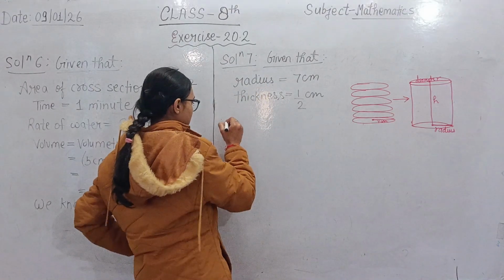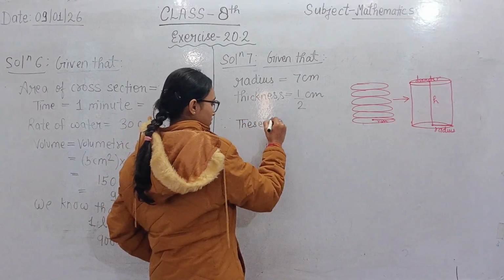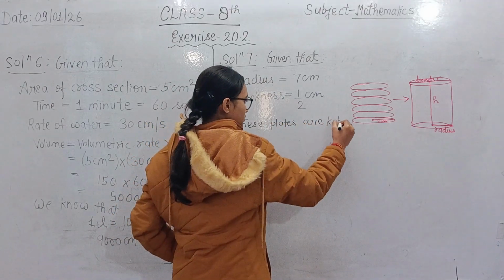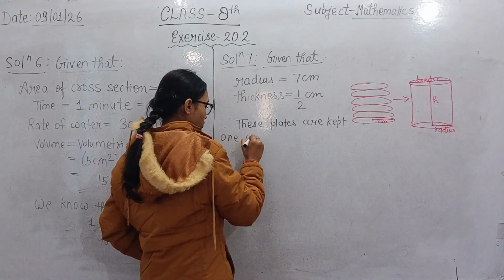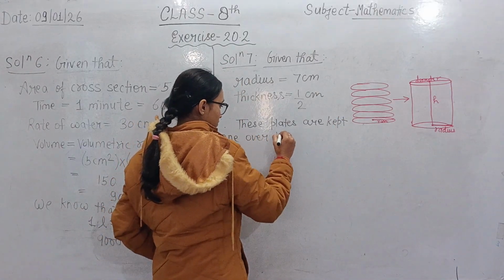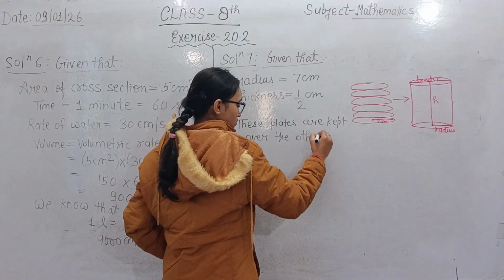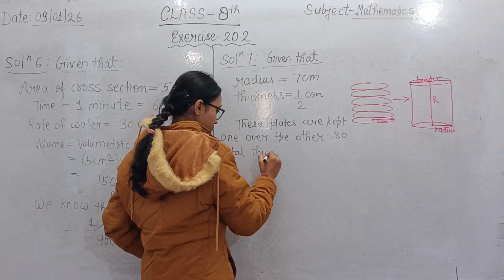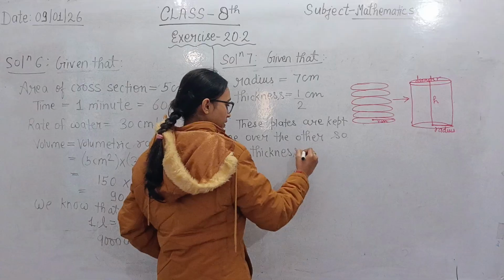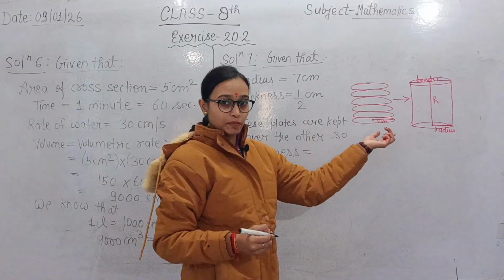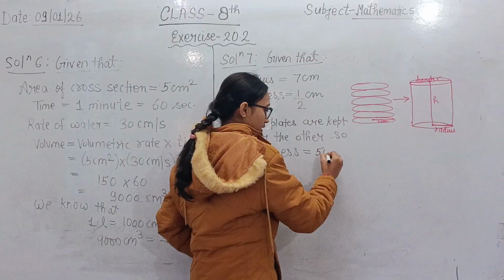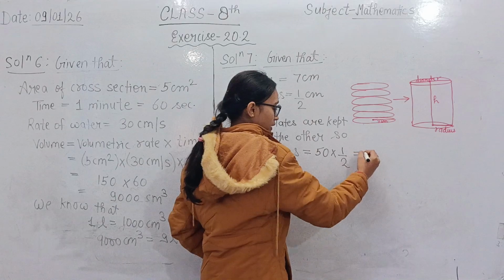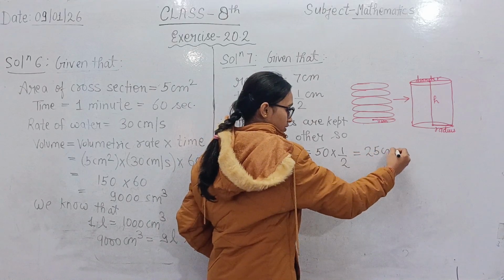Since these plates are kept one over the other, so total thickness will be equal to 50 circular plates are kept, so 50, and thickness of one circular plate is 1 upon 2, so it will be equal to 25 centimeter.